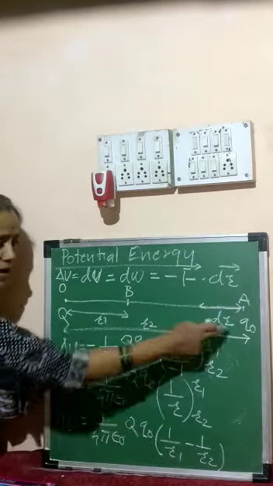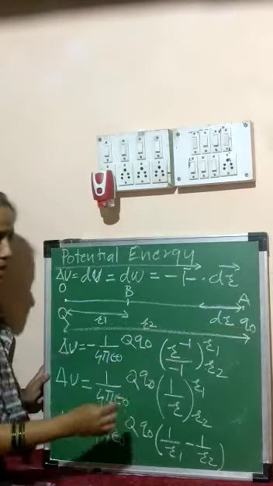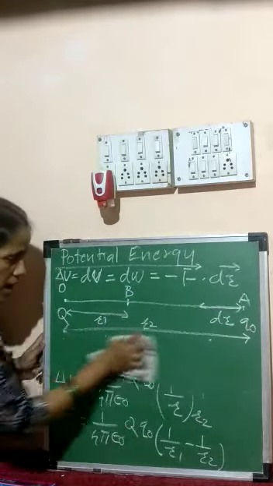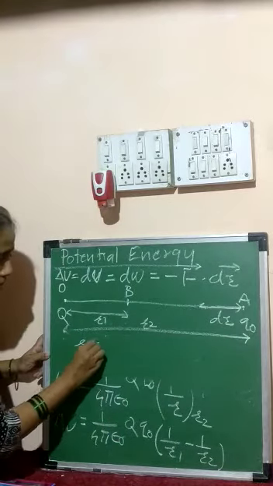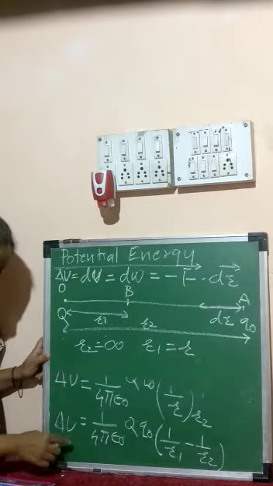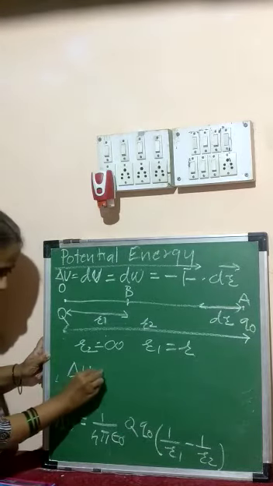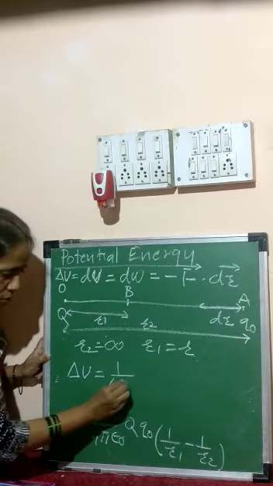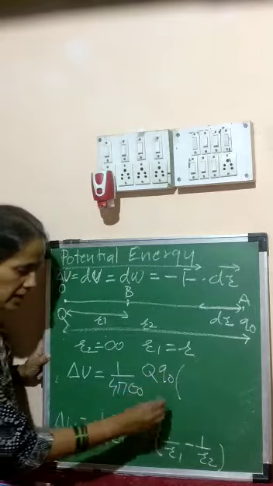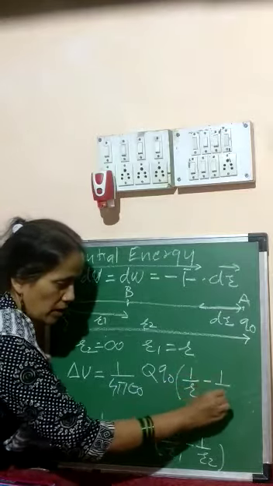Now if I say that your test charge Q0 will be at a distance of infinity, that is, your R2 distance becomes infinity and your R1 distance becomes R, then the change in potential energy equation becomes 1 upon 4 pi epsilon naught capital Q Q0 into bracket 1 upon R minus 1 upon infinity.